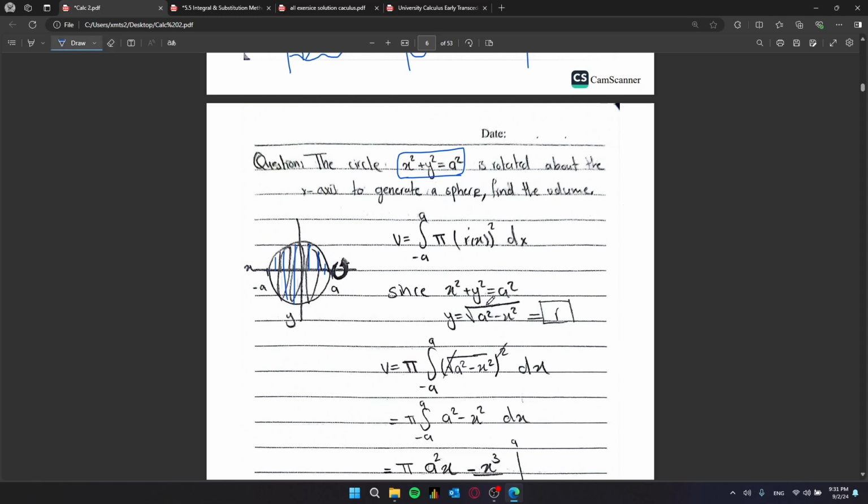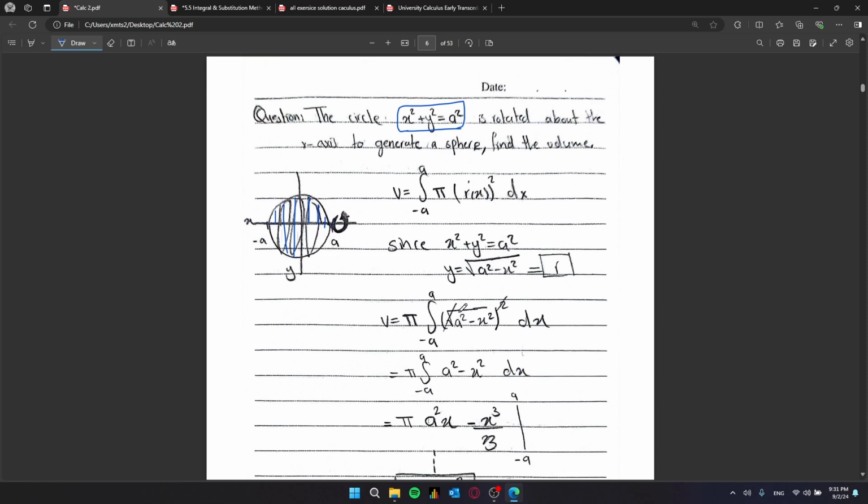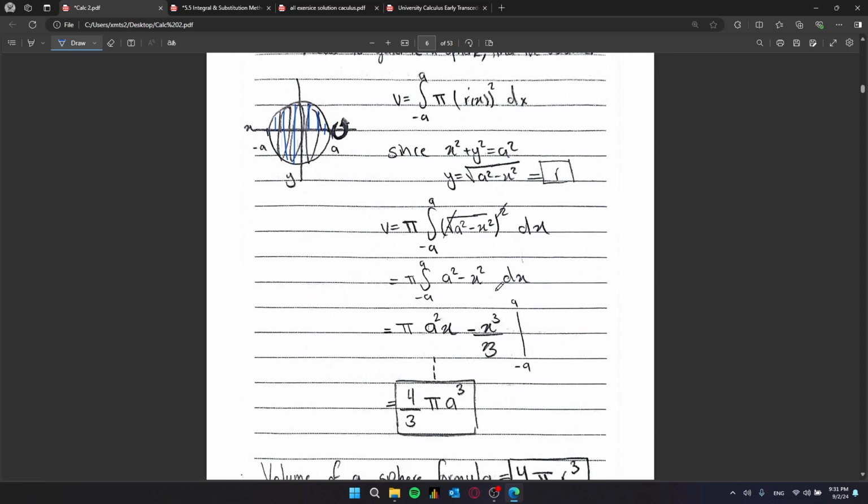You can just move around the variables to get the equation for y, and since it is a squared square root, it cancels out, so you're left with this equation. And once you simplify and integrate, using the basic integration rules that we were given in 5.5 and 5.6, you are left with this. And this, if you search it up on Google now, is the equation for the volume of a sphere.